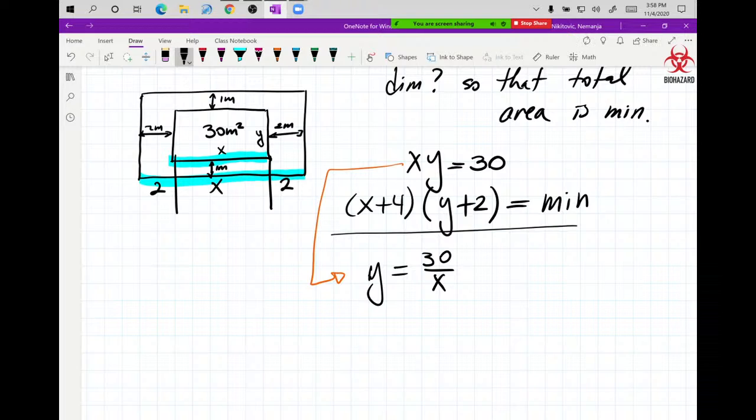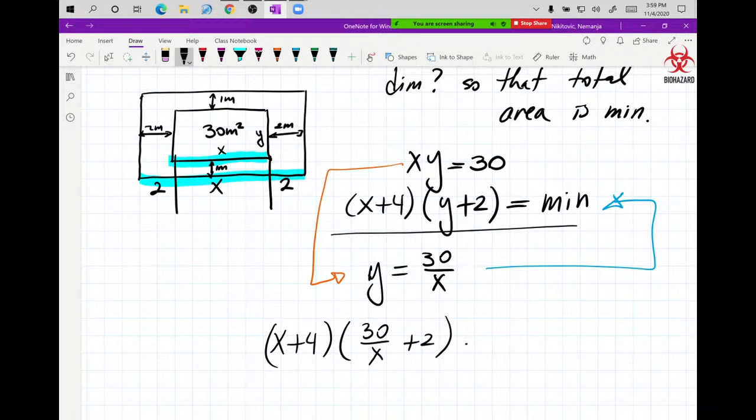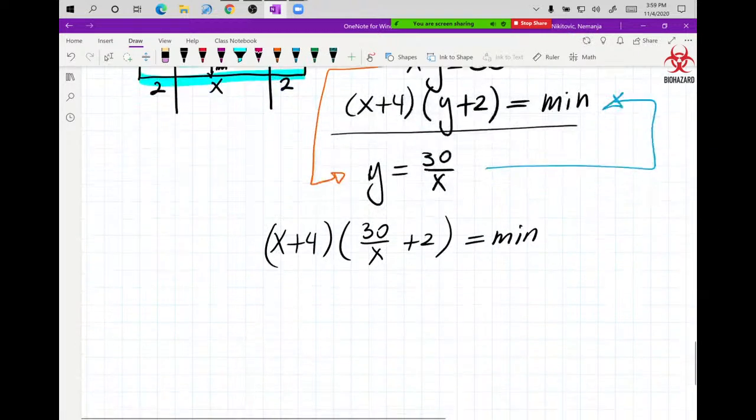And then you are going to stuff that into this equation here. We're going to have x plus 4 times 30 over x plus 2 equals the minimum. So I replaced y with 30 over x. That's all I did.